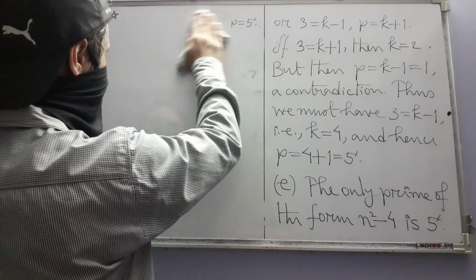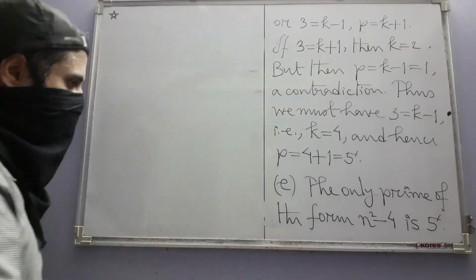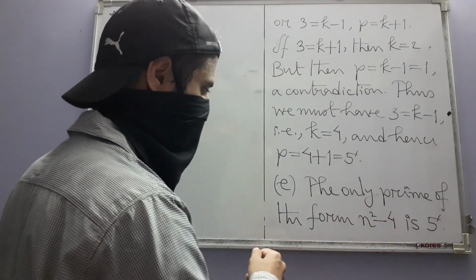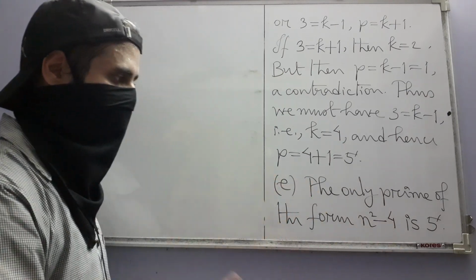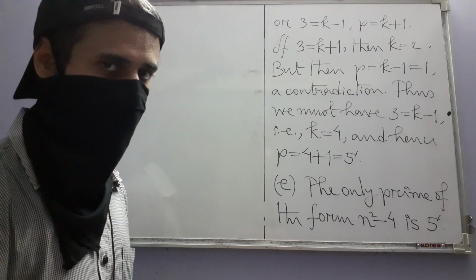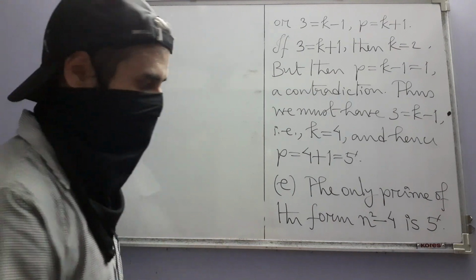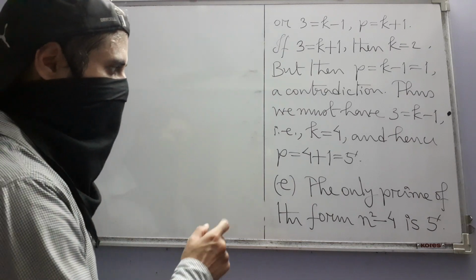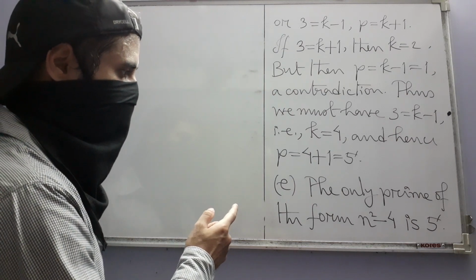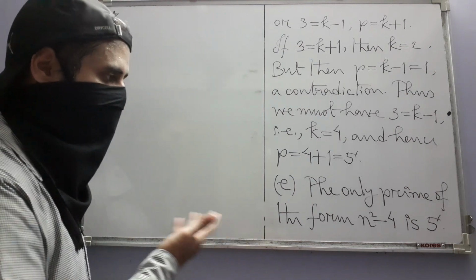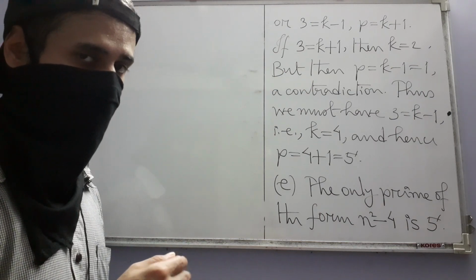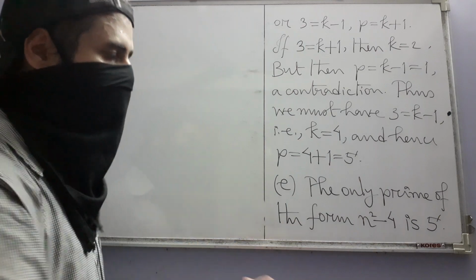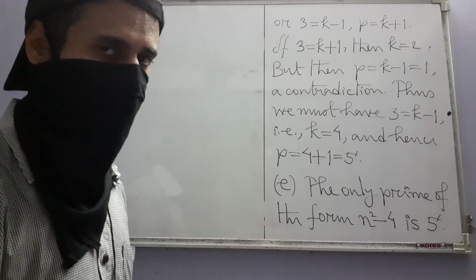In these problems, either the number that is given to you is given in a form that is immediately factorizable using algebra, because these are algebraic expressions, or they will arise in a situation where some other algebraic expression you will come across is factorizable, like k square minus 1.